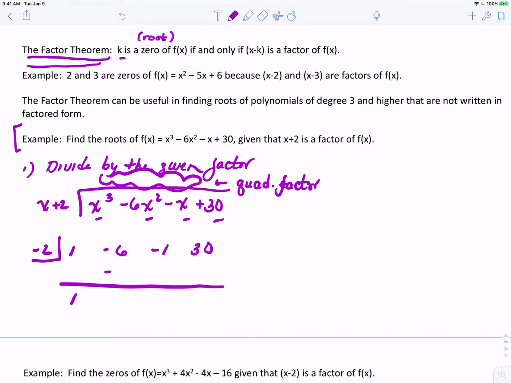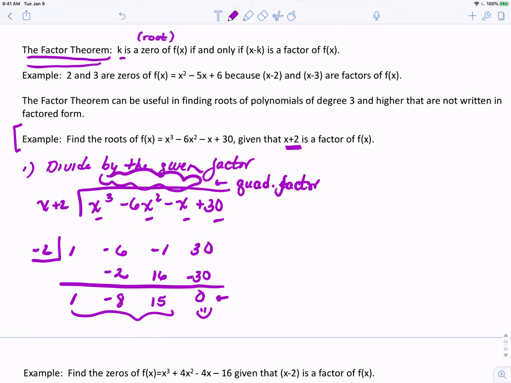All right, so we will be multiplying and adding, multiplying and adding, multiplying and adding. Now, this 0 as a remainder is what we expected because we were told that x plus 2 is a factor. So since x plus 2 is a factor, when you divide, you should get a remainder of 0. So that's exactly what we expected, and we're pretty sure we divided correctly.